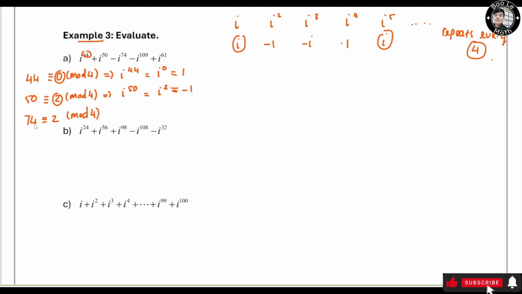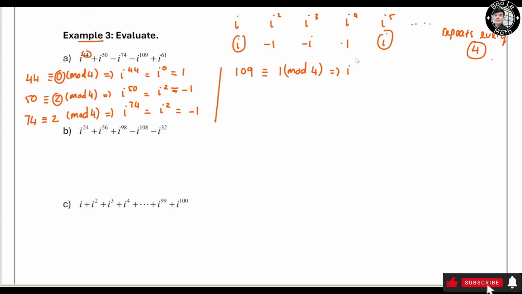Because 74 divided by 4 is going to be 18 with remainder 2, right? Then we have i to the 74 is the same thing as i squared, right? And it's going to be negative 1. Now 109 is congruent to 1 mod 4, right?